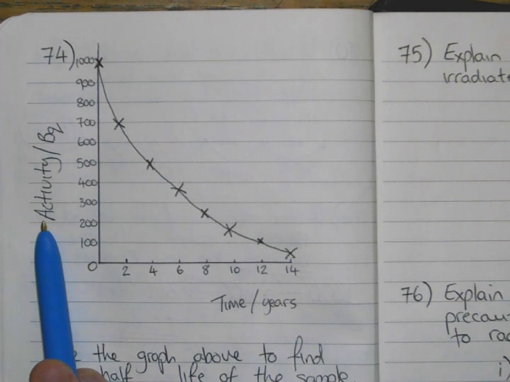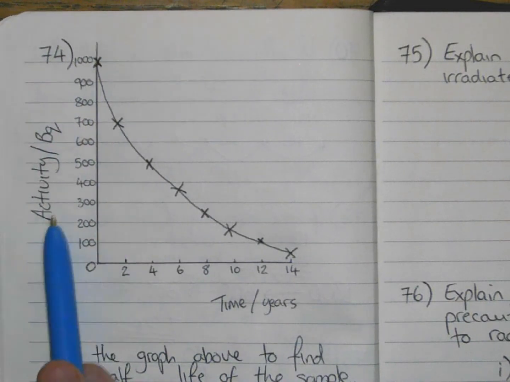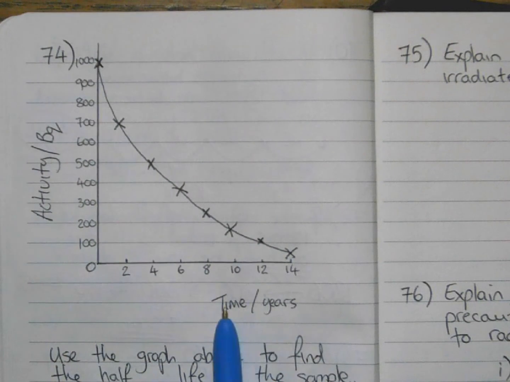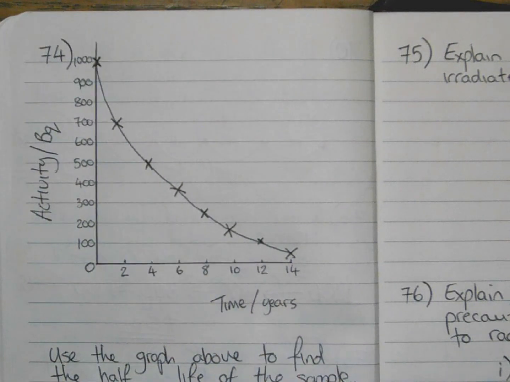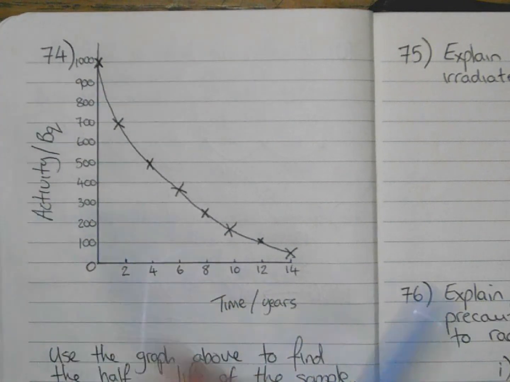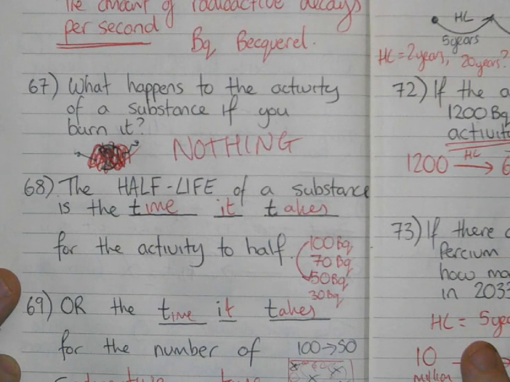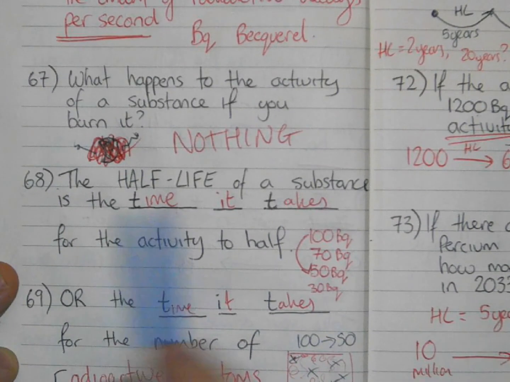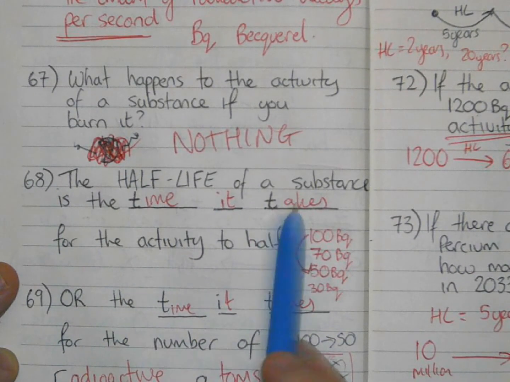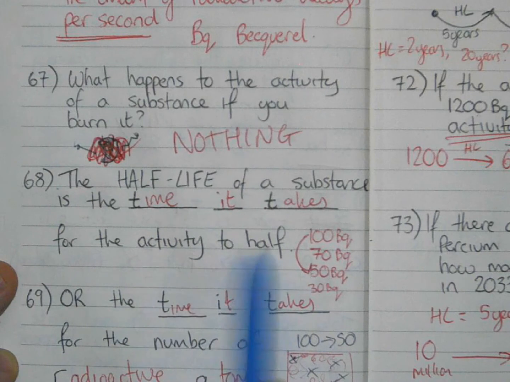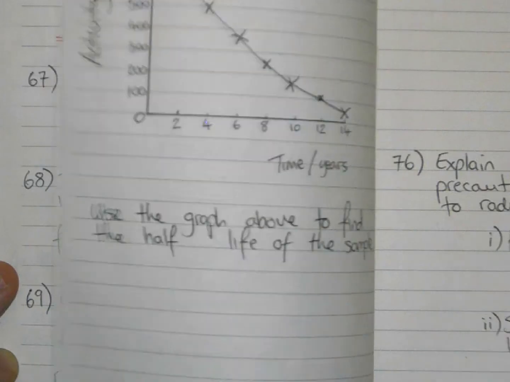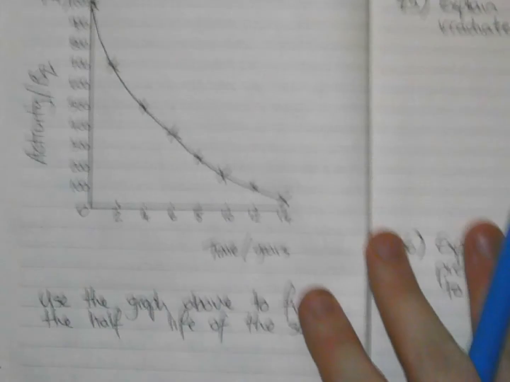Looking at the side, the y-axis tells us the activity, and along the x-axis the time in years. We know that the half-life is the time it takes for the activity. Let's go back. The half-life of a substance is the time it takes for the activity to halve. So we look at what the activity is.